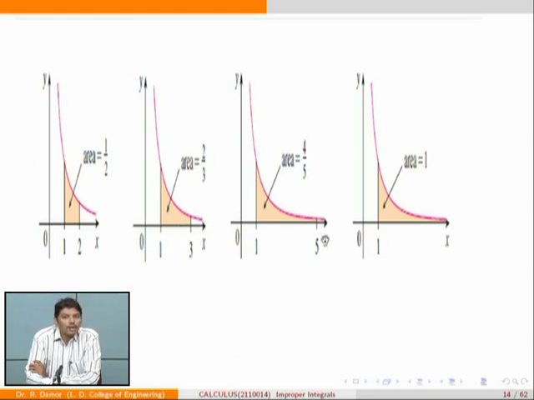So this is 1 to 5, then the area bounded by the curve y equal to 1 upon x square and x equal to 1 on the right hand side is 4 by 5. Same thing, suppose I extend up to infinity. Then the area is equal to 1. So this is the graphical extension of the function 1 upon x square to the limits 1 to 2, 1 to 3, 1 to 5 and then 1 to infinity.